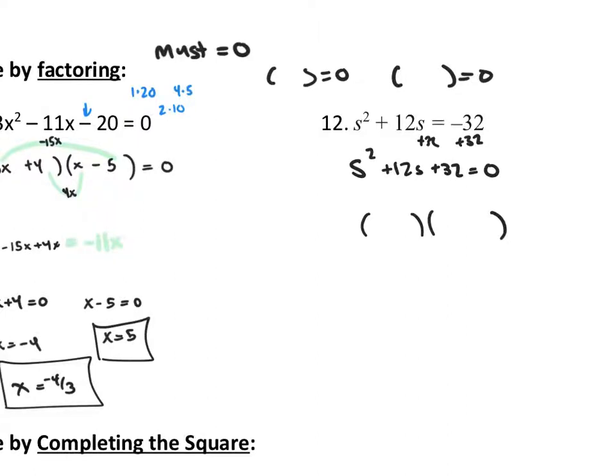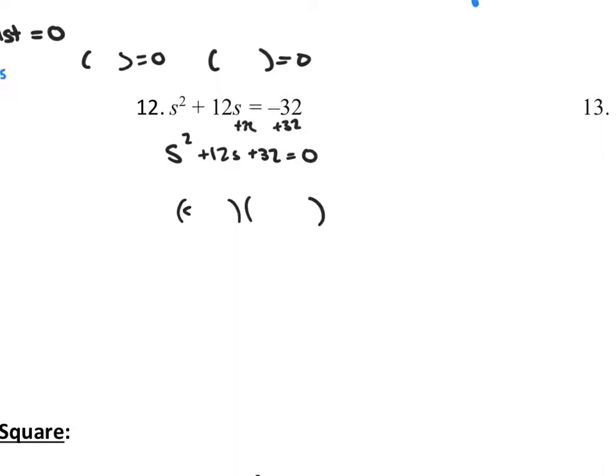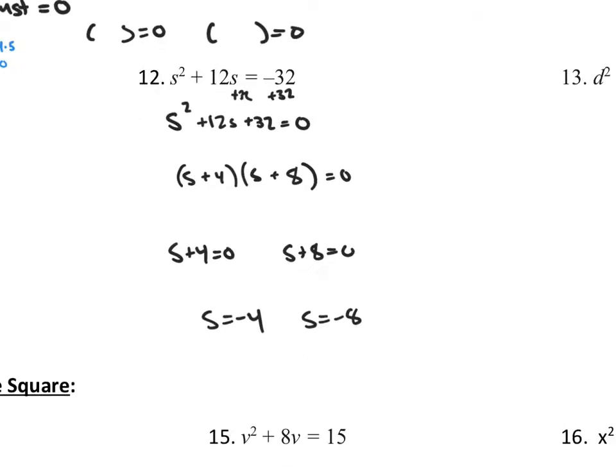And this is the easier type of factoring, where it's going to start off s and s. I need factors of 32 that add to 12, and that would be 4 and 8. But remember, once you get it correctly factored, you must set it up equal to 0 and solve.